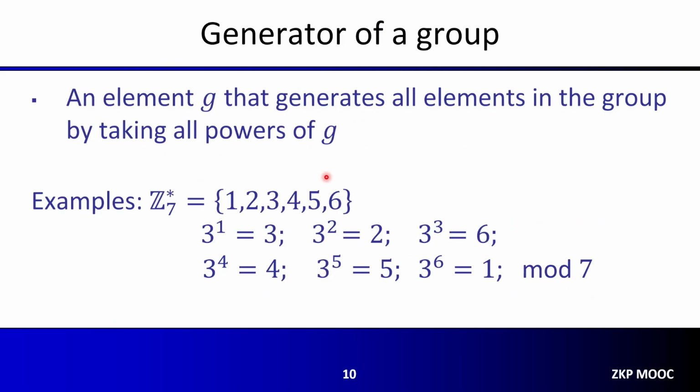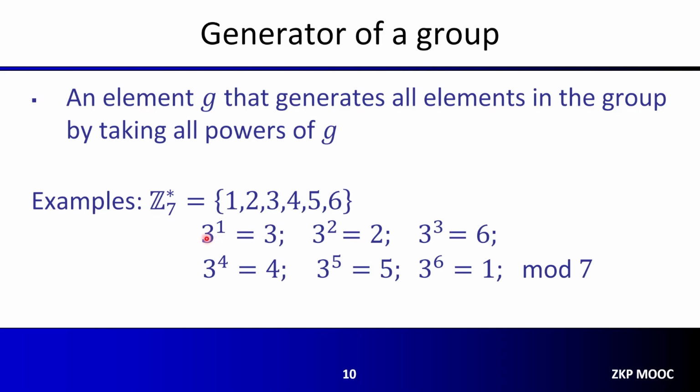So given the definition of a group, for every group there exists the concept of a generator. The generator is an element that can generate all elements in this group by taking all powers of this element, g. For example, taking the multiplicative group modulo the prime number 7, the elements include 1, 2, 3, 4, 5, 6, and then we can take 3 as an example.